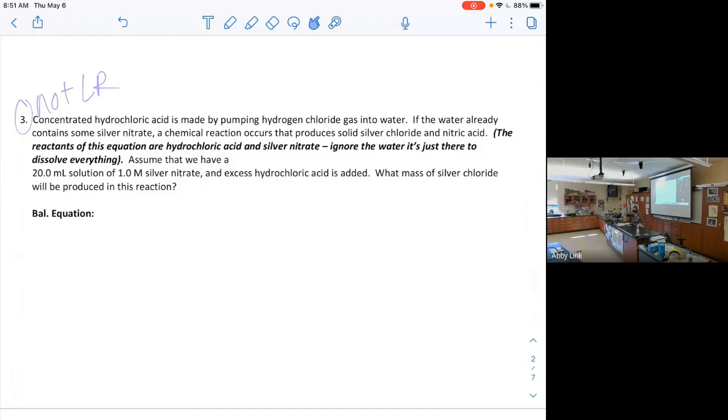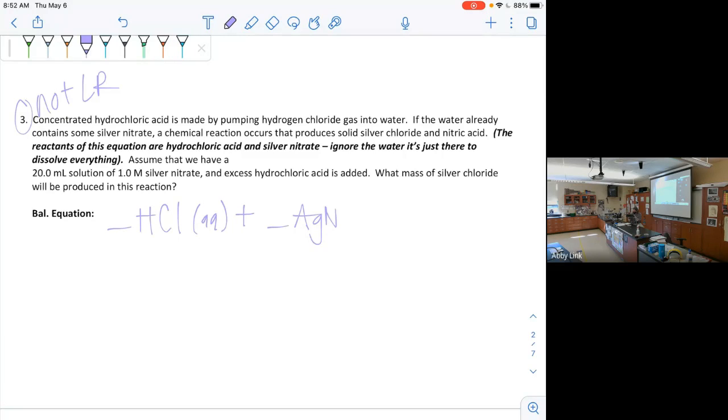The weird thing about this reaction, and I wouldn't give you something like this on the test, it tells you the reactants are hydrochloric acid, so HCl, aqueous, and silver nitrate, so AgNO3. Ignore the water, it's just there to dissolve everything. It's kind of weird. I don't know. It's just strange.